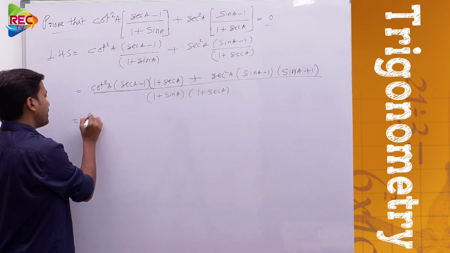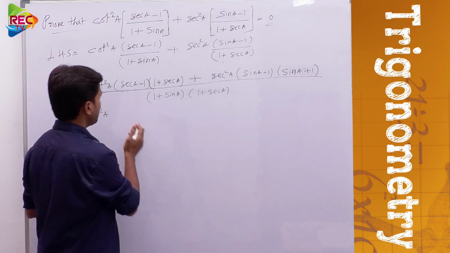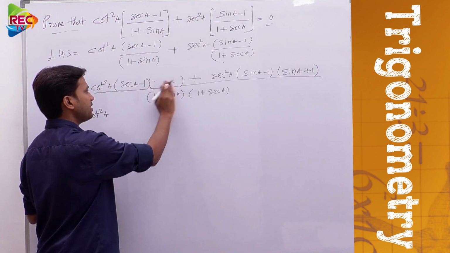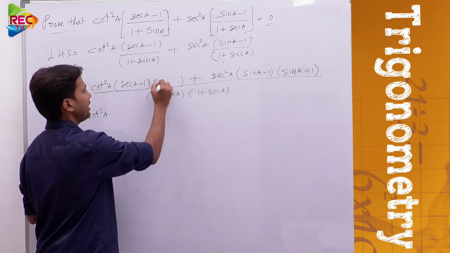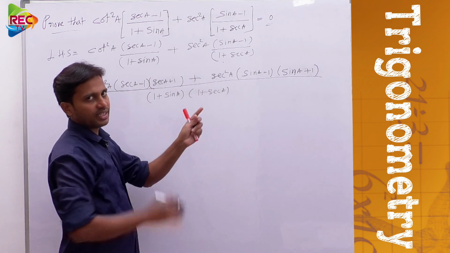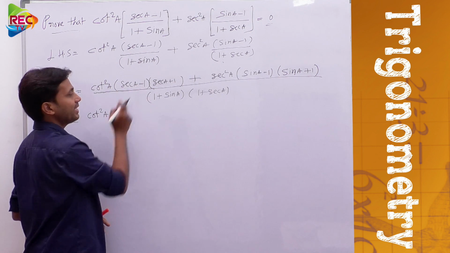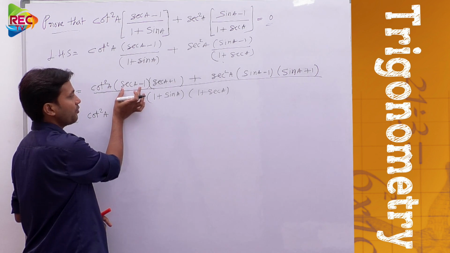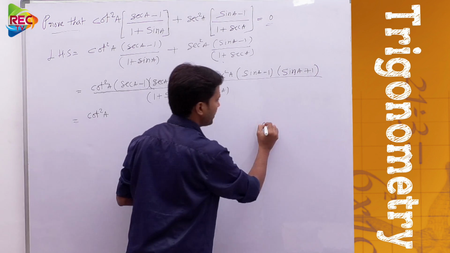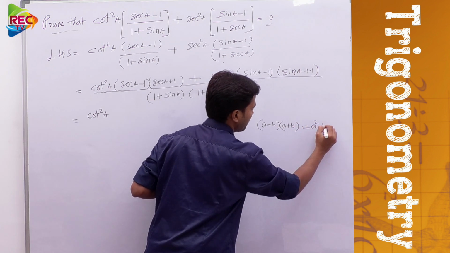So write down cot square A. Now here this is secant A plus 1 into secant A minus 1. For my convenience I changed 1 plus secant A into secant A plus 1, interchanging the places. This is in the form of a minus b into a plus b, which is an expansion of a square minus b square according to algebra.